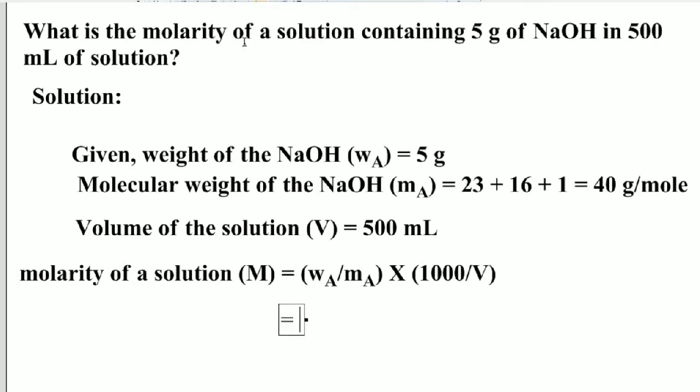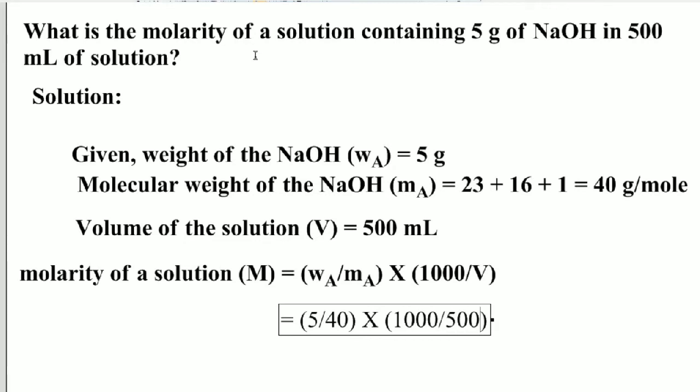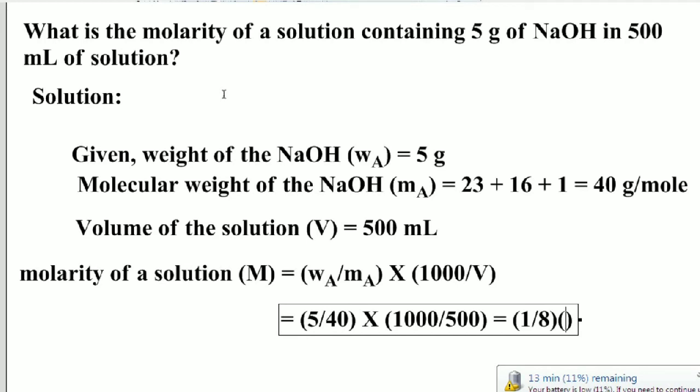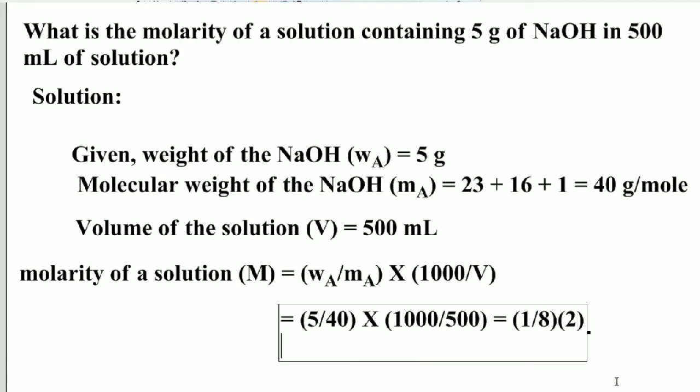That equals the given weight of the solute, 5, by the molecular weight of the solute, 40, into 1000 by 500. 5 by 40 is 1 by 8, and 1000 by 500 is 2, so that equals 1 by 4, which is 0.25 moles per liter.